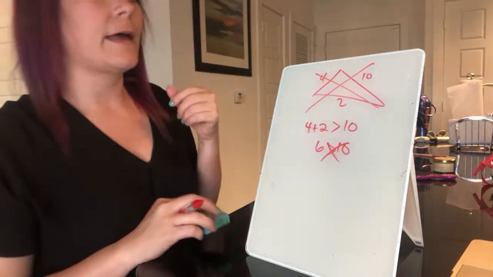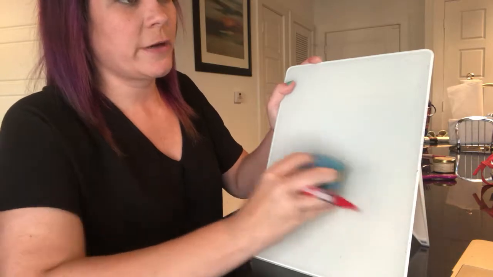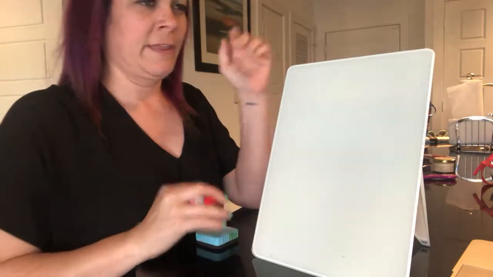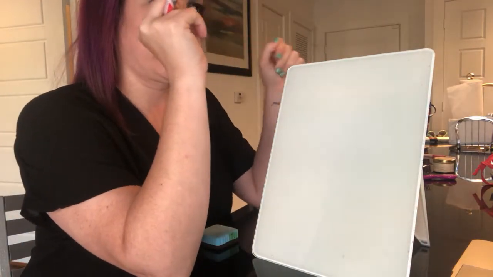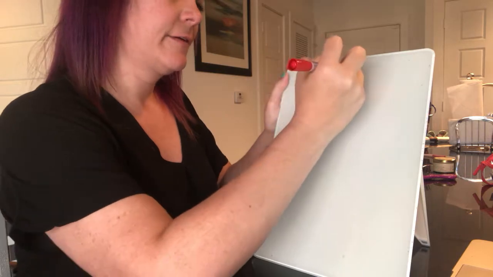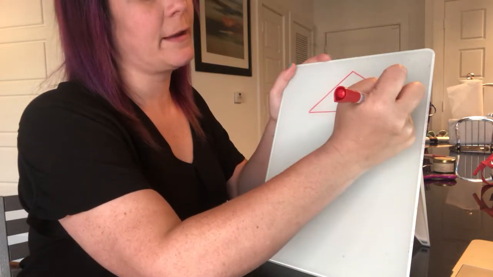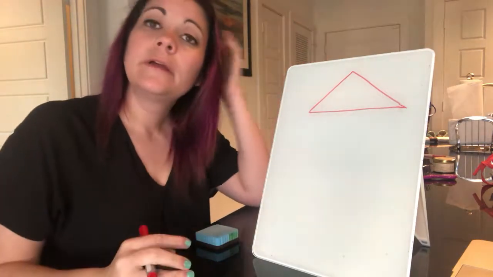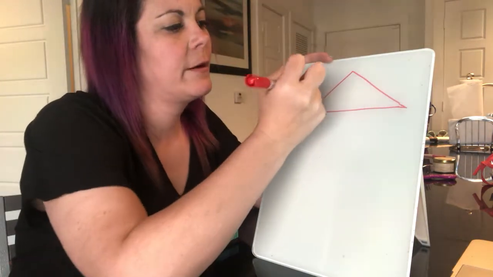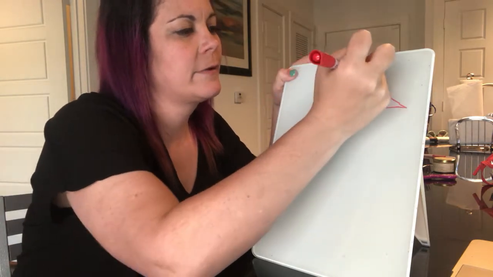Okay, let's look. The theorem says if one angle of a triangle is larger than a second angle, then the side opposite the first angle is larger than the side opposite the second angle. So here's the deal. What that theorem is saying, we have the triangle inequality theorem and then we have this theorem. So let's say 4, 5, and 7.